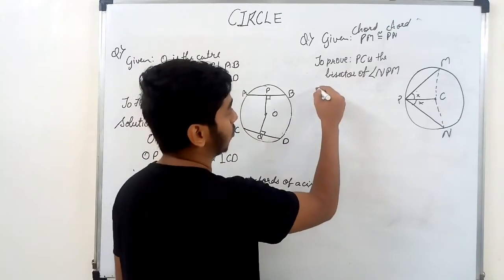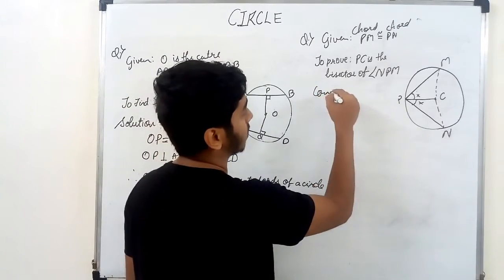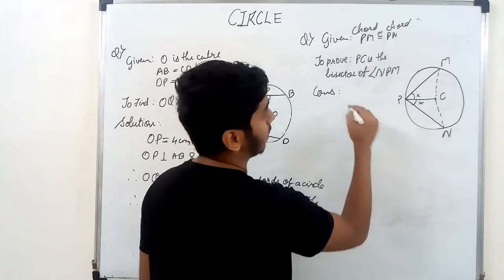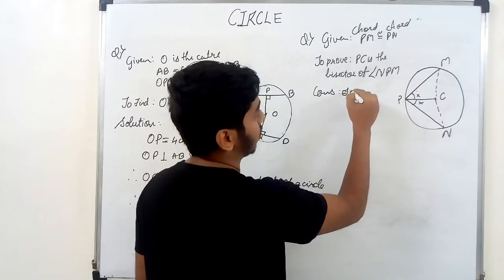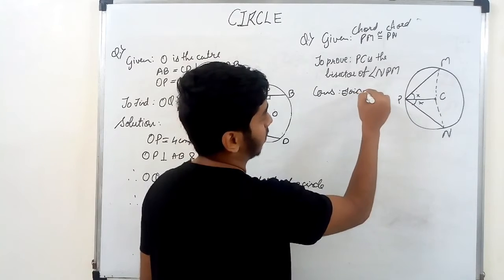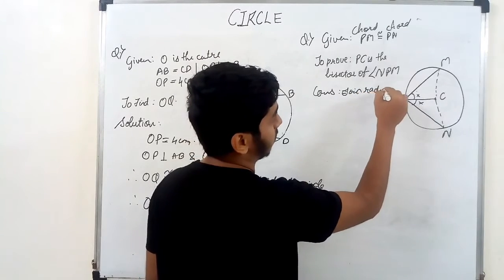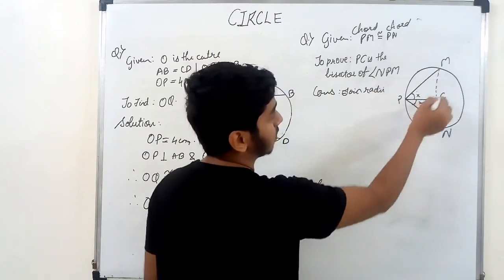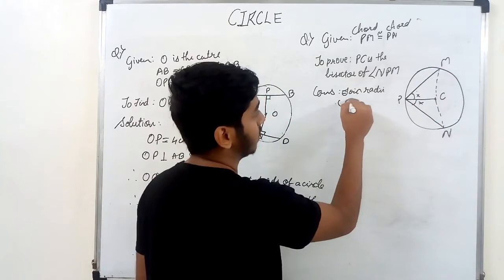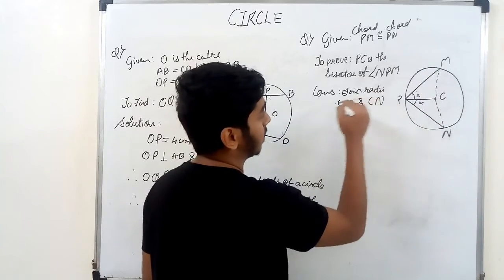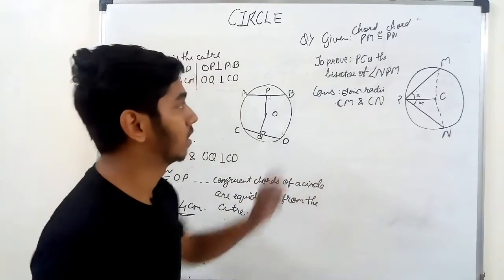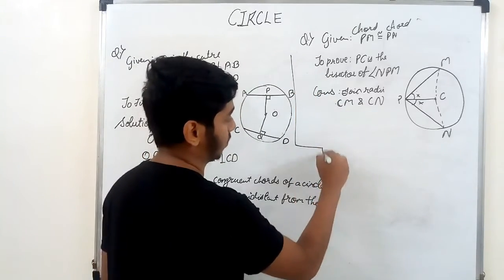Let's see the proof now. Before doing the proof, we constructed something, so let's write that. Join radii CM and CN. Now let's see the proof.